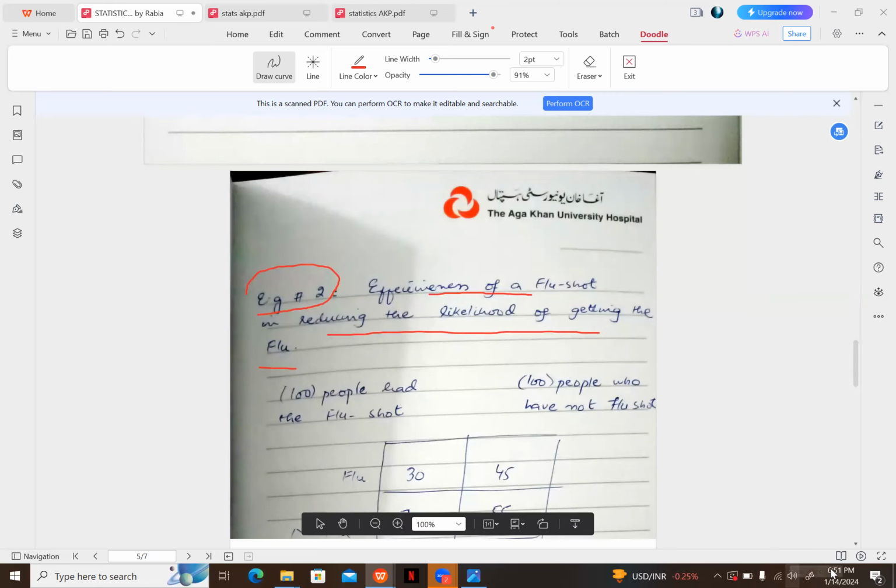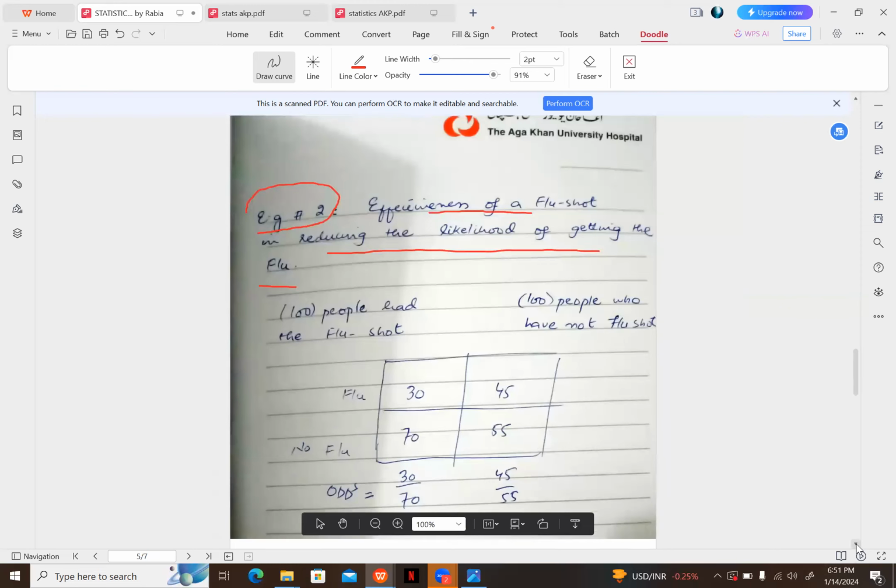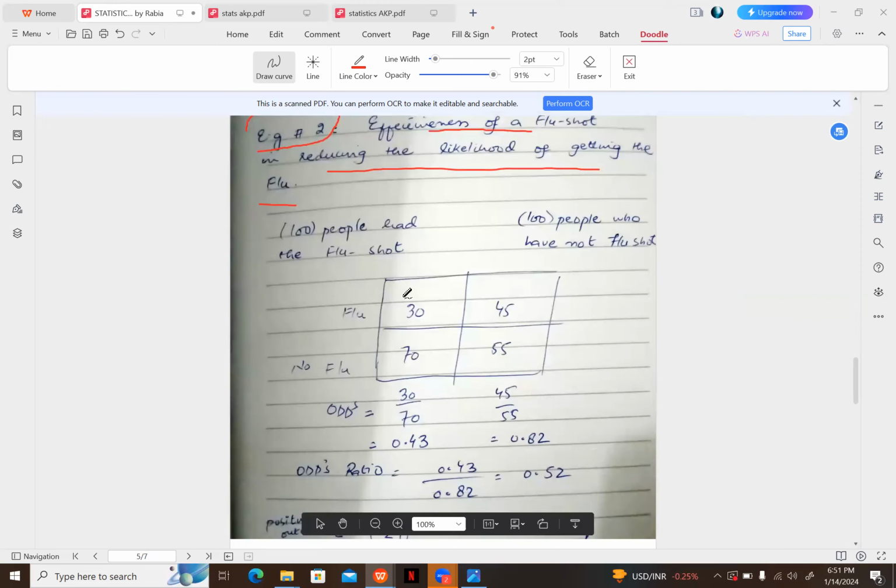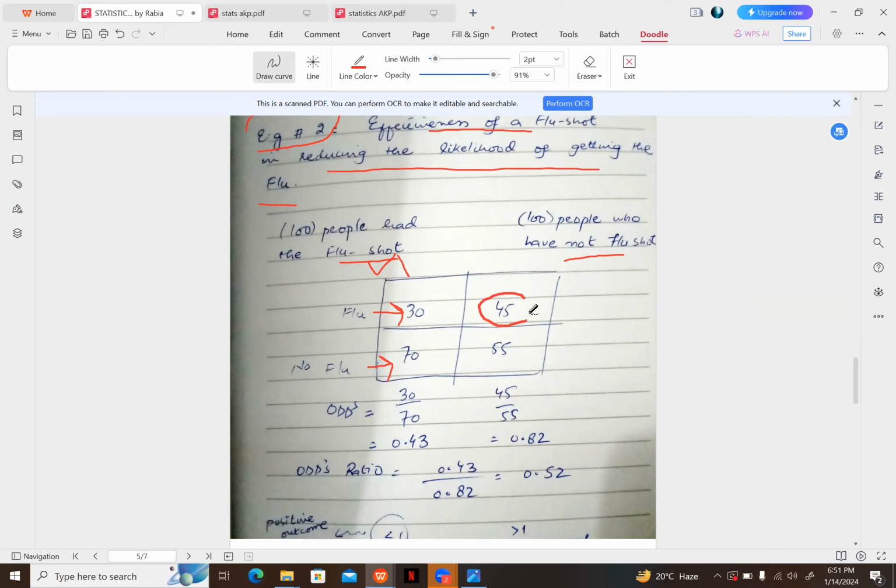Again you have two groups: 100 people who had the flu shot and 100 people who did not. Among the 100 who got vaccinated, 30 developed flu and 70 didn't. Among the 100 who are not vaccinated, 45 developed the flu and 55 didn't.